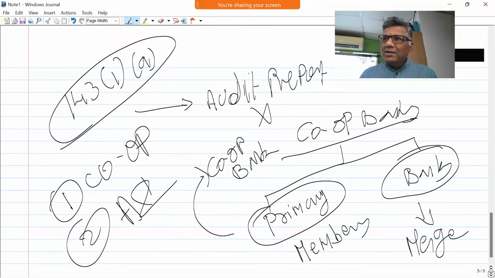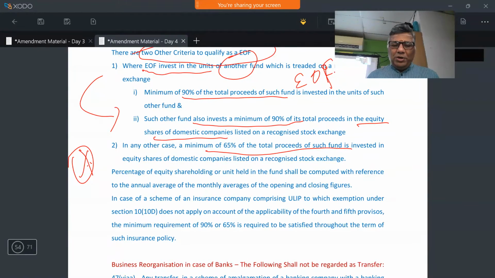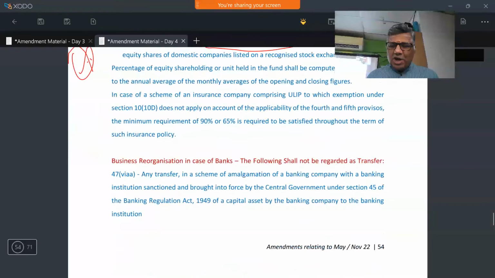Here it is different. Okay, let me look into business reorganization. The following shall not be treated as transfer. Section 47 first set of amendments.